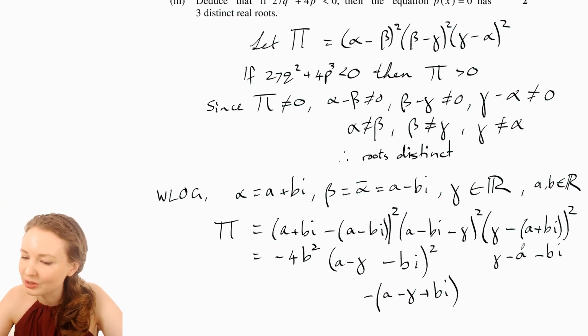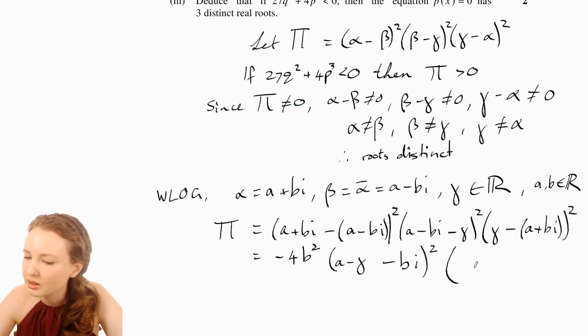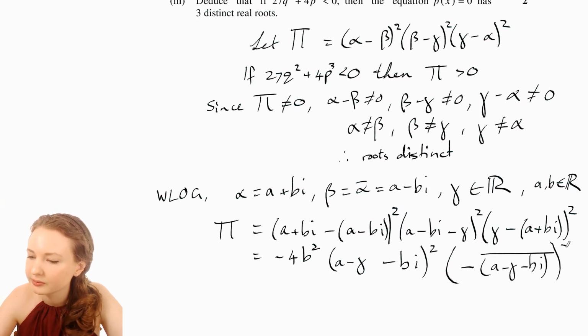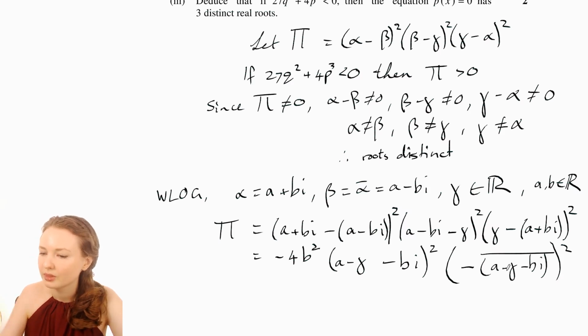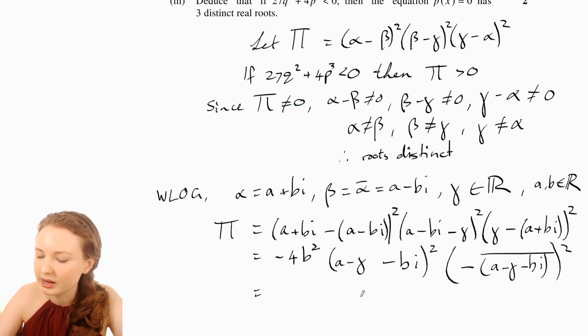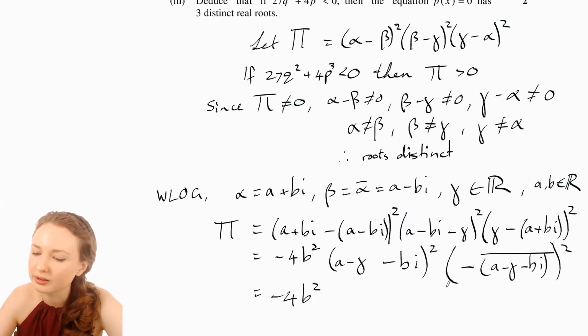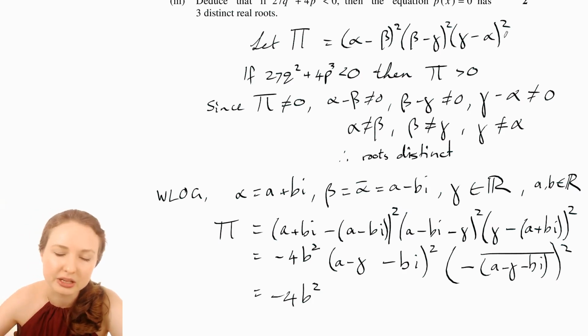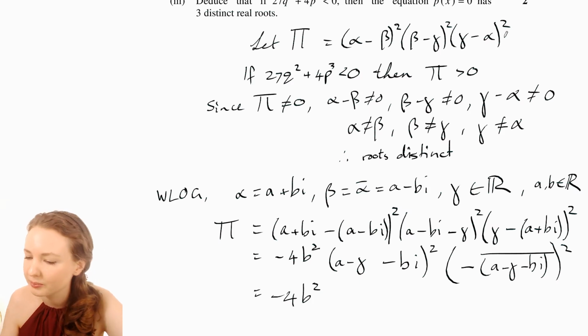But what I might do here is just say that this is the negative of the conjugate of this. So that negative, when you square it, is just going to disappear, which is why you can say that gamma minus alpha squared is the same as alpha minus gamma squared.